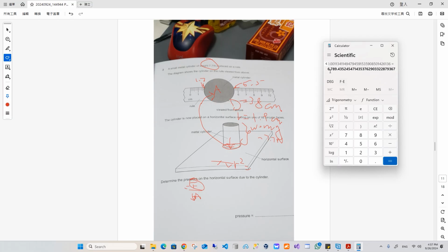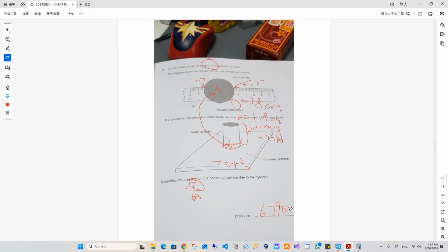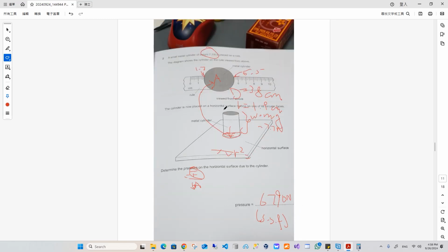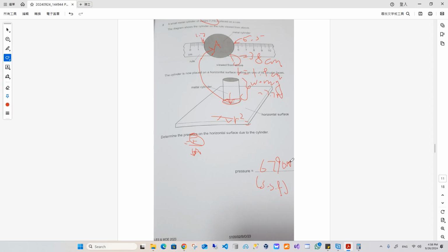So I have 6789.4, to 3 significant figures, 6790 newtons per square meter. This is not newton, it's pascal, sorry. Pascal, Pa.